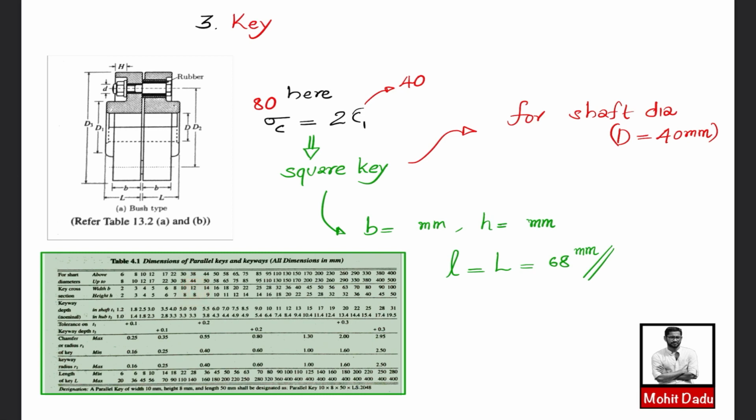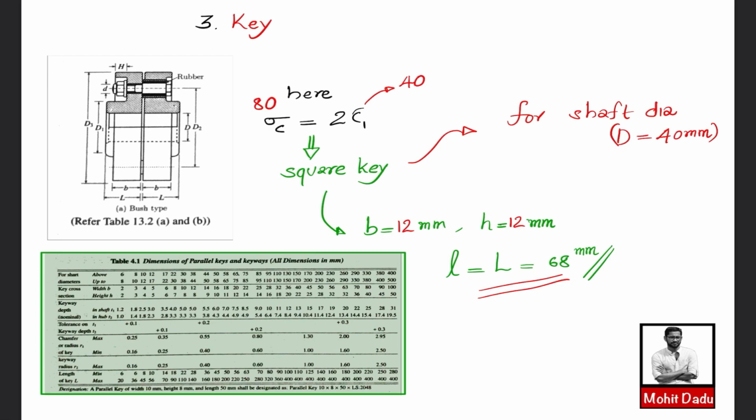That means we will be selecting the key with b equal to 12 mm and h equal to 12 mm. And the length of the key also we have to specify. In the previous step we obtained the length of the hub portion, that is 68 mm, and the same will be the length of the key. So the size of the key is a 12 by 12 square cross section with a length of 68 mm.